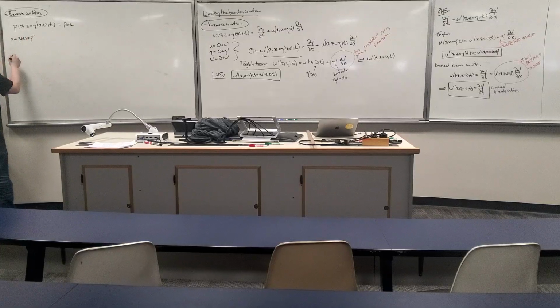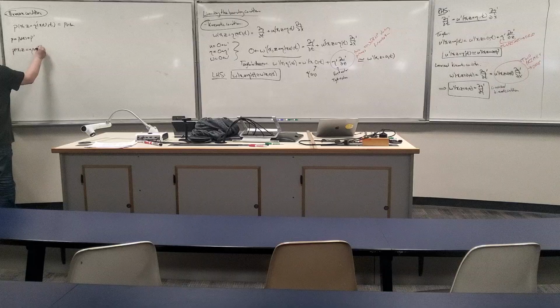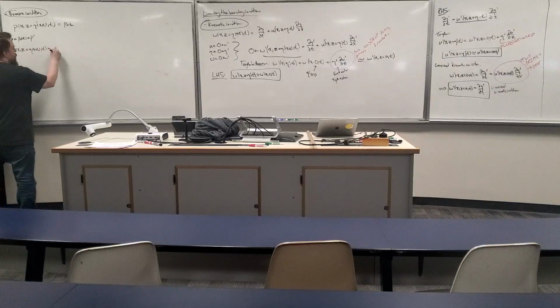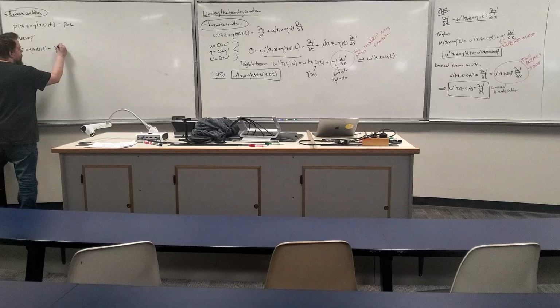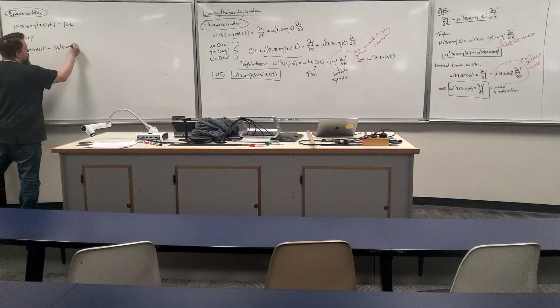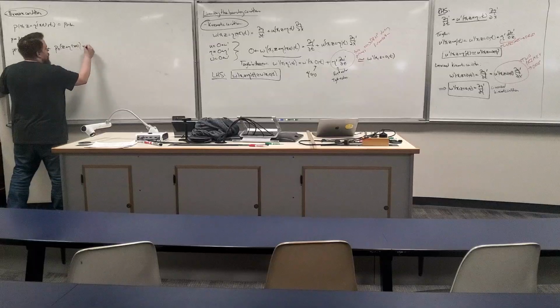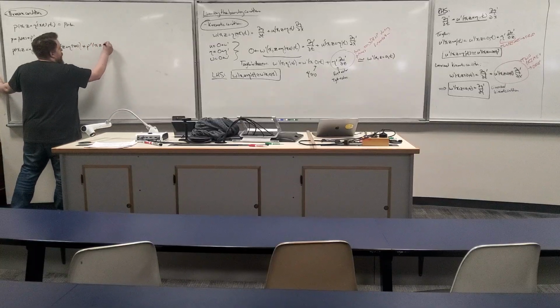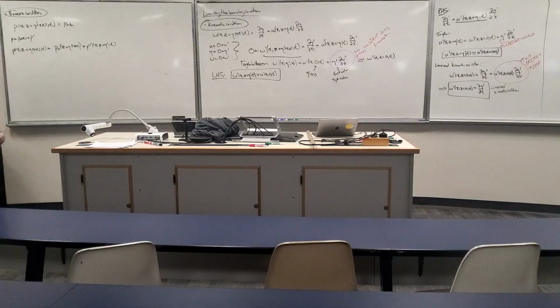So our pressure has two components: our background pressure at z equals eta prime, plus our perturbation pressure at x, z equals eta prime, and t.